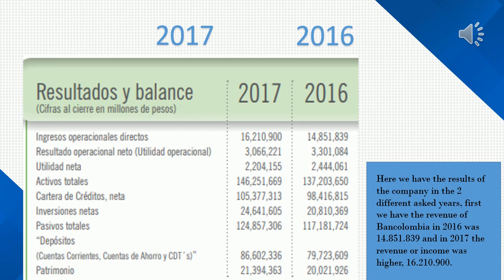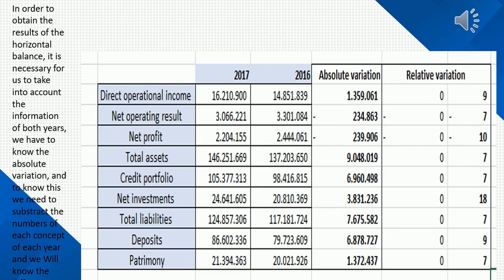Here we have the results. In order to obtain the results of the horizontal analysis, it is necessary for us to know the absolute variation and the relative variation. To know the absolute variation, we need to subtract the numbers of each concept of each year, and we will know the difference.